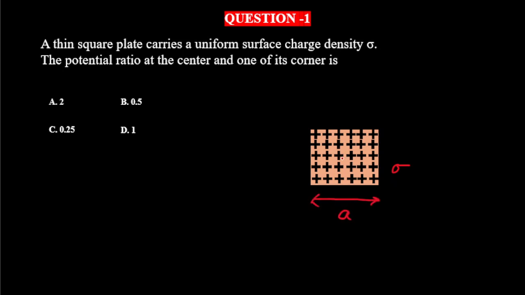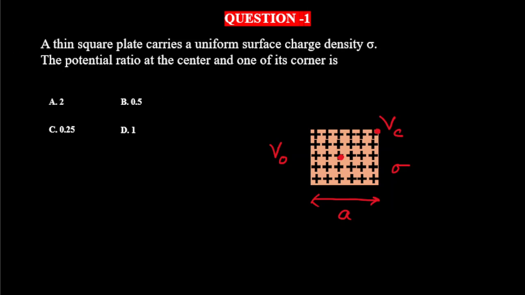If we calculate the potential at the center of the square plate, and since charge is uniformly distributed, each corner will have the same potential. So if we calculate the potential at any of these corners, and let's say the potential at the center of this plate is V0, and the potential at the corner is VC.